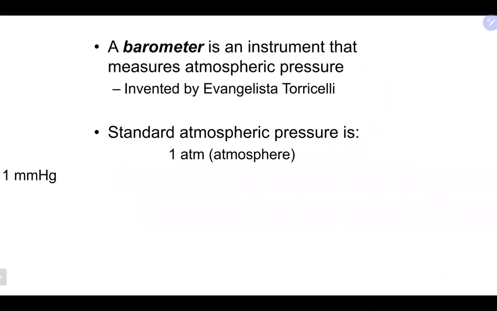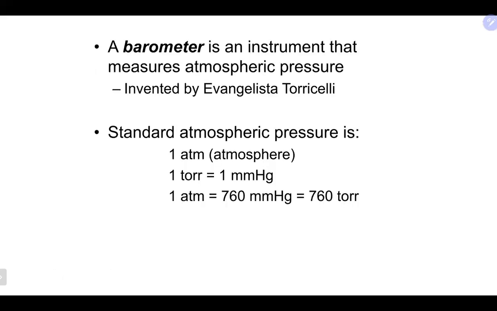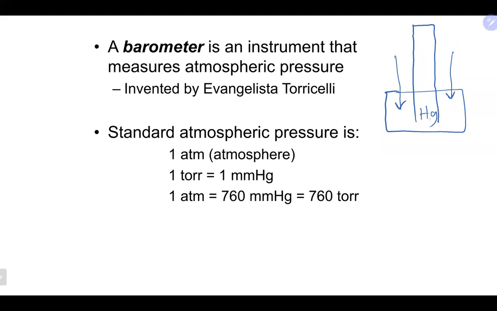So one way that we measure pressure is through the use of a barometer. Old-time barometers used to be a pool of mercury with a glass tube in it. As the atmospheric pressure would come down on all this mercury, the mercury in the tube would rise.